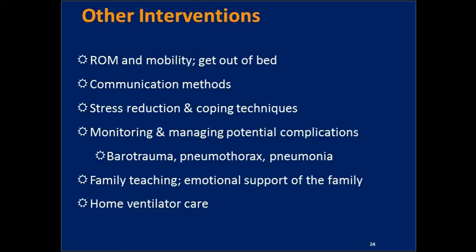Other interventions that we need to make sure to implement with our intubated patients: mobility, range of motion, again, active or passive range of motion. Sometimes there are some physicians who want us to ambulate our intubated patients.